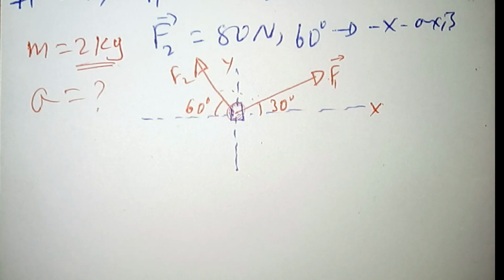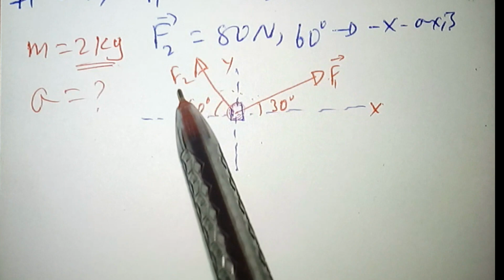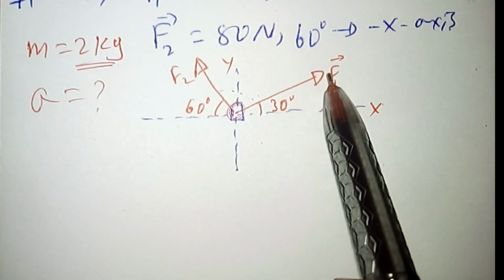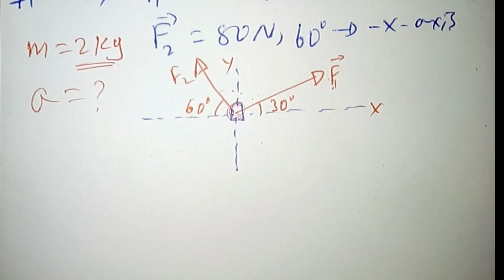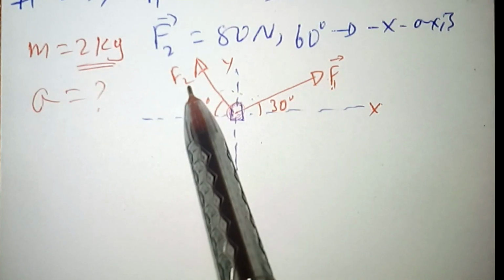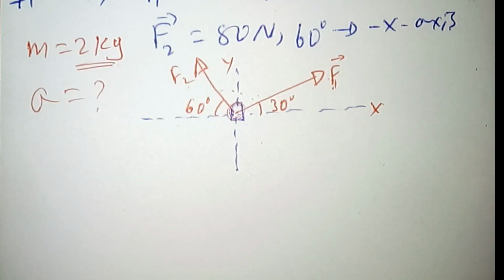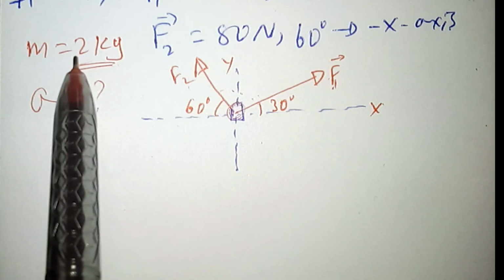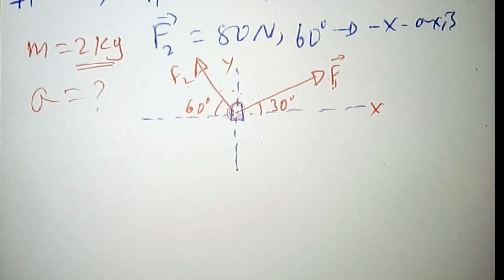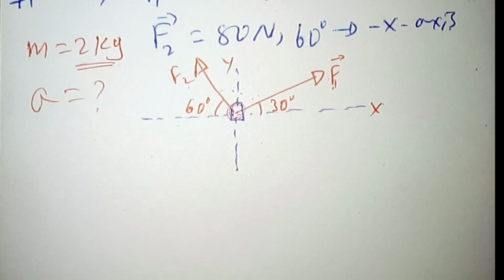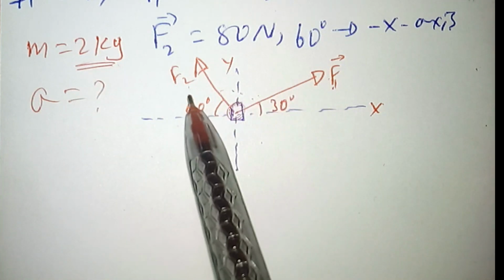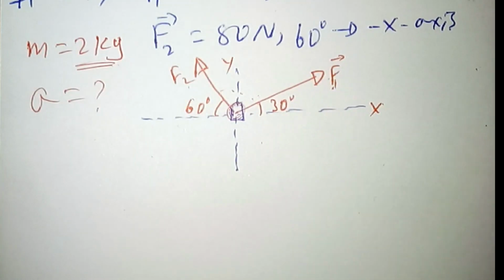So we can do this in many ways, but the simplest is finding the magnitude of the resultant of all the forces acting on the object. That means we can add force 1 and force 2, either by resolving them and adding their components, finding the magnitude and dividing by the mass of the object to get acceleration, or I can do it directly by using the cosine law.